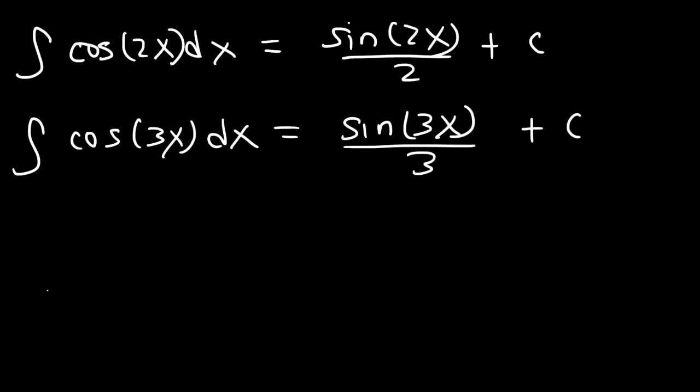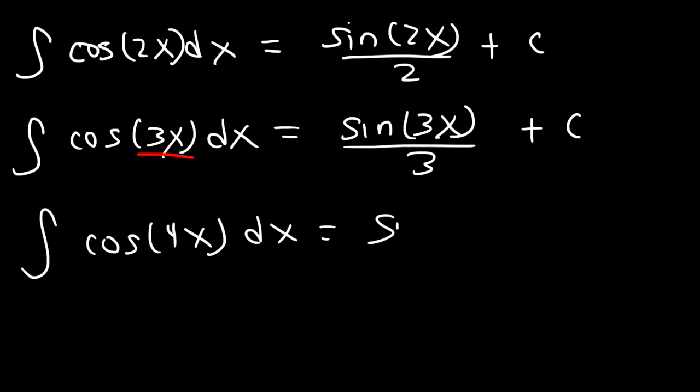And it's always going to work like that if this is a linear function. If it's quadratic or cubic, it won't work. As long as you divide it by a constant, it will work. So for example, the integral of cosine 4x dx will be sine 4x over 4 plus c.